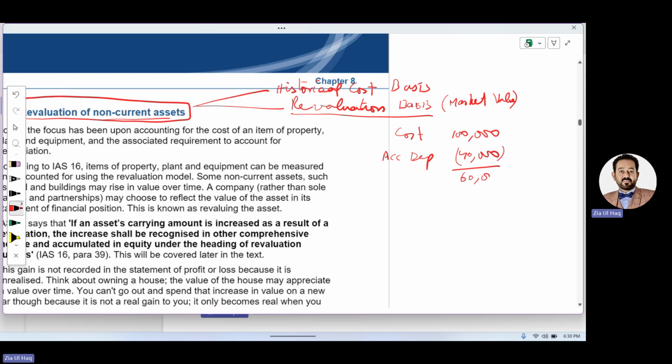What is the carrying value? 60,000. Suppose the asset's market value is 70,000. The difference is 10,000. We will call it revaluation surplus.